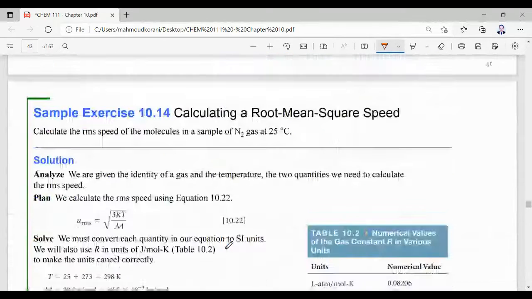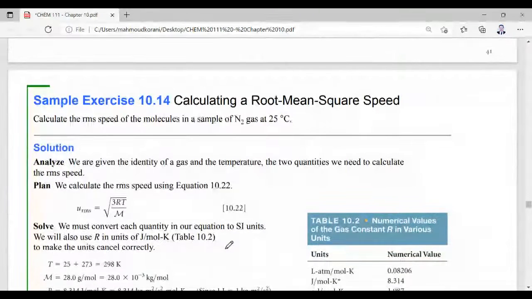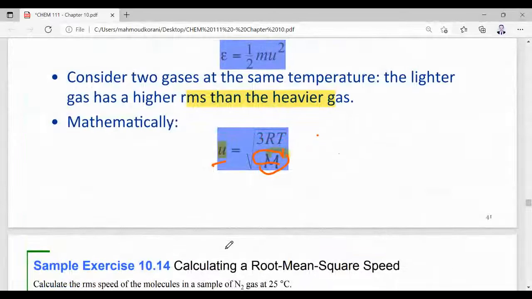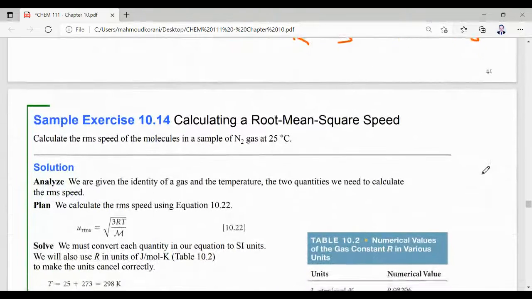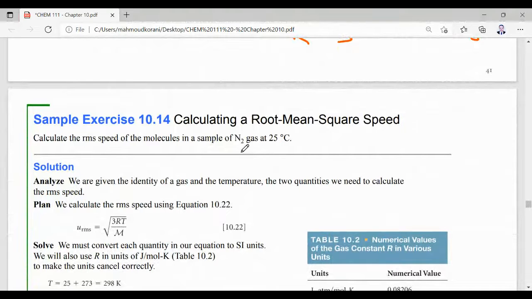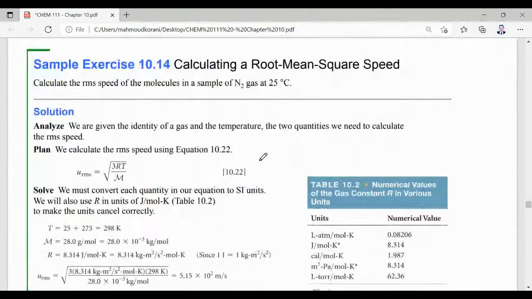It's inversely proportional. Okay, this example, calculating the root mean square, is a direct application of this equation, but you have to keep in mind that the value of M should be in kilograms, not in atomic mass units. So you should use the conversion factor, which is 1 point something times 10 to the power of minus 27 kilograms. Okay, calculate the RMS speed of a molecule of nitrogen gas. I'm giving you the temperature. You should use that equation.